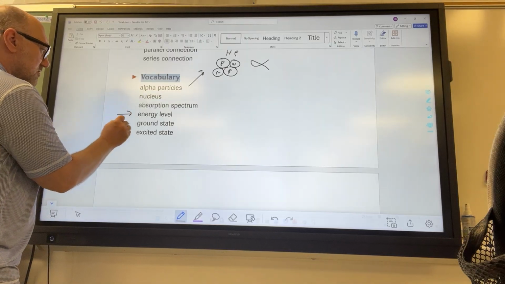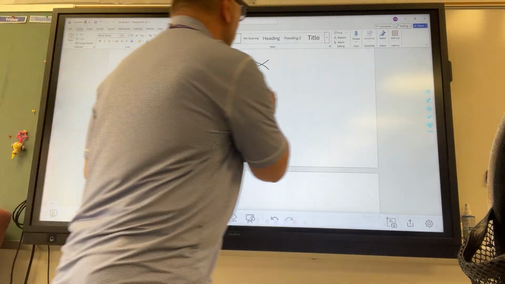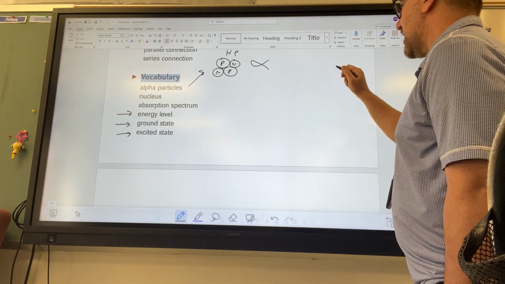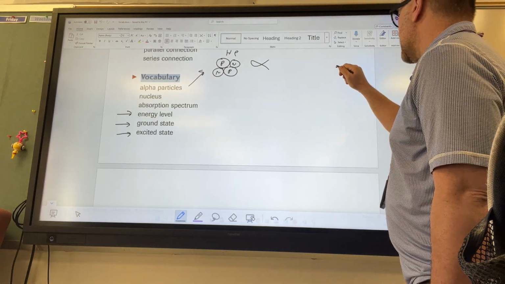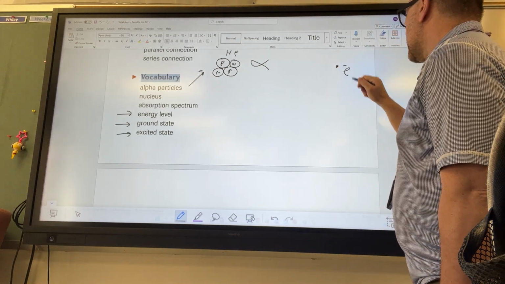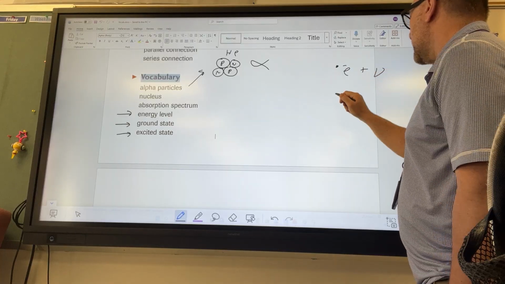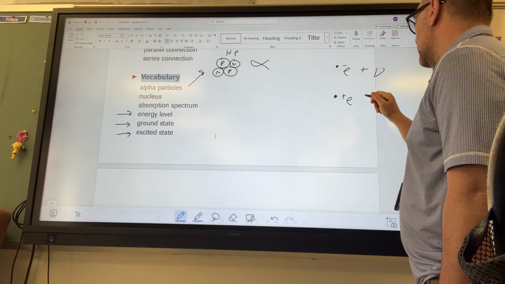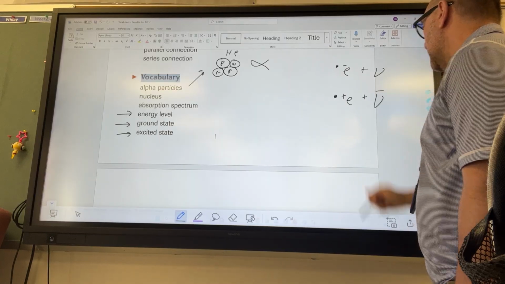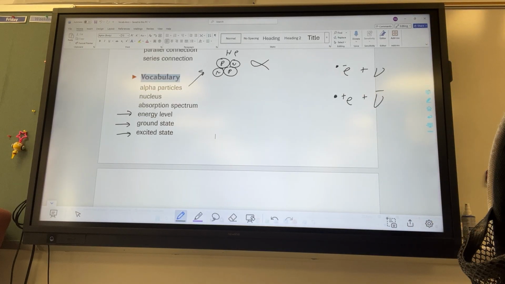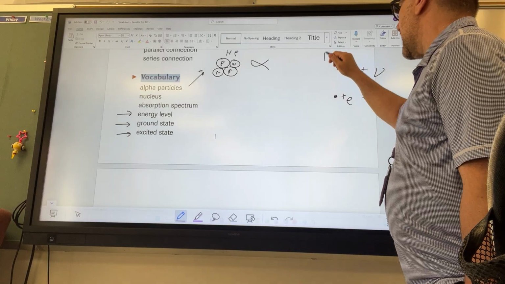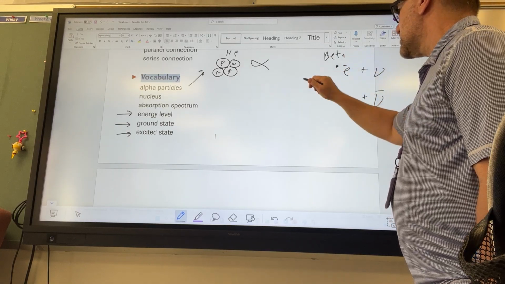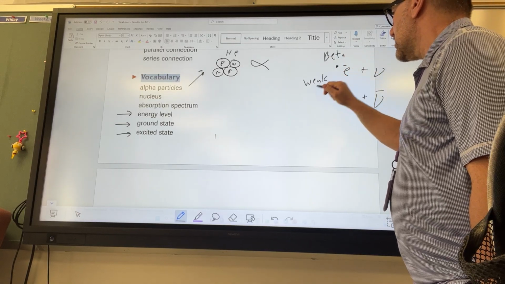And then remember, what are the other types of radiation? There's beta decay. Beta decay is when it gives off either a negative electron plus a neutrino, or it gives off an anti-electron, positive, and then it would be an anti-neutrino. And this is beta decay, and this is associated with the weak nuclear force.